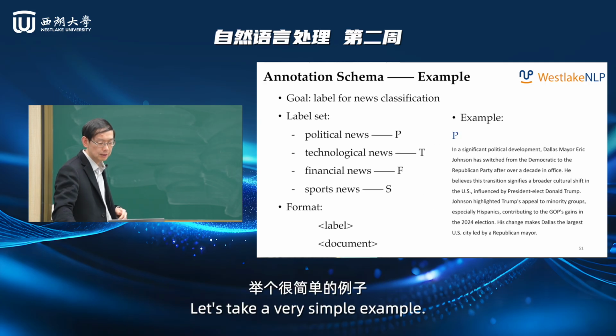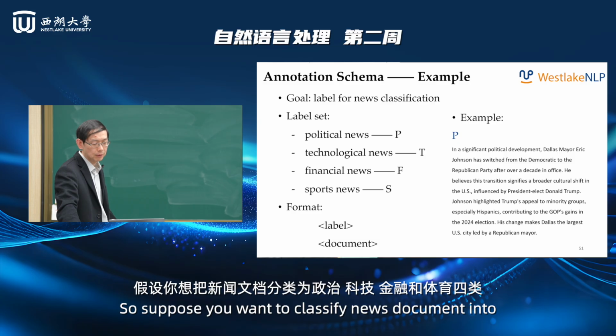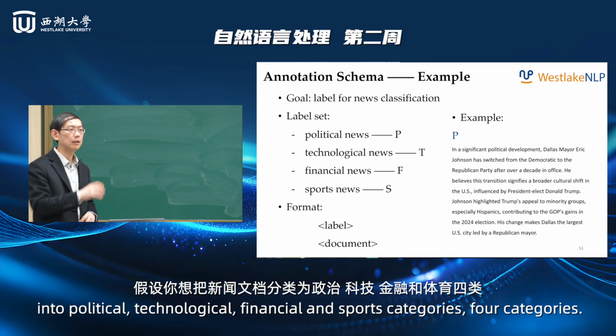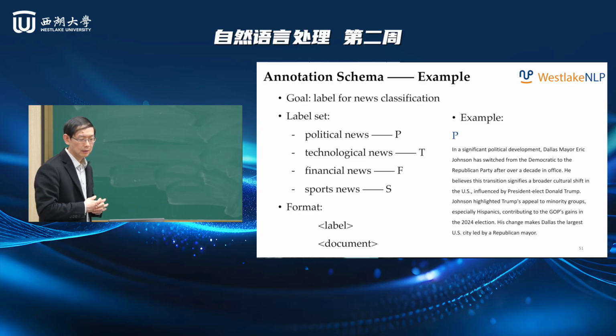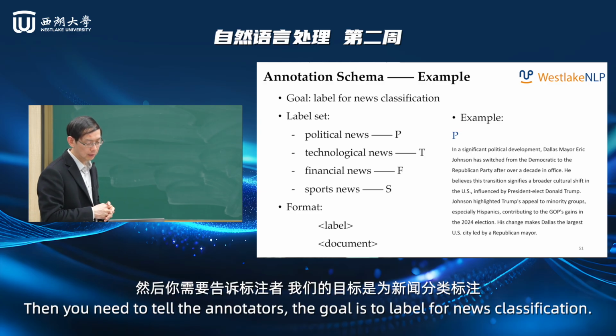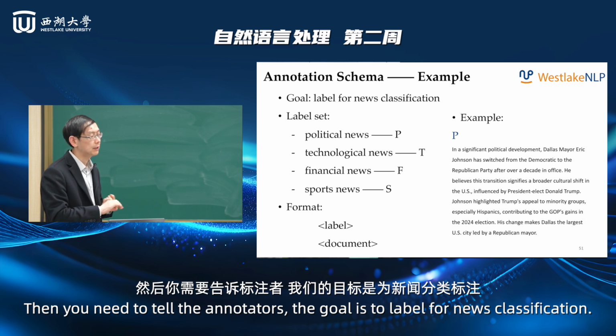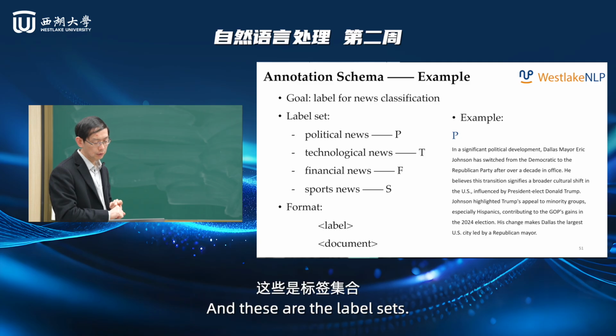Let's take a very simple example. Suppose you want to classify news documents into political, technological, financial, and sports categories, four categories. Then you need to tell the annotators the goal is to label for news classification, and these are the label sets.